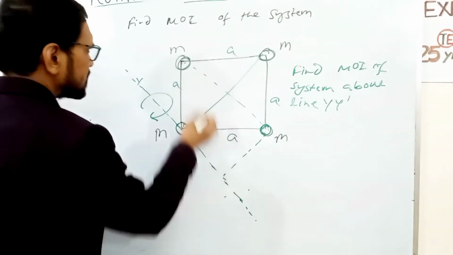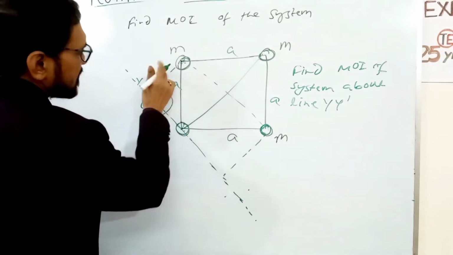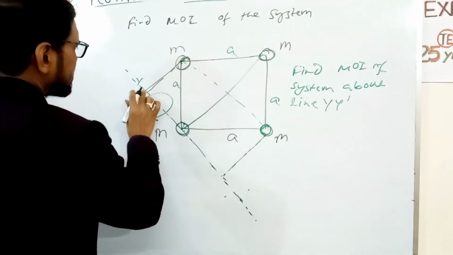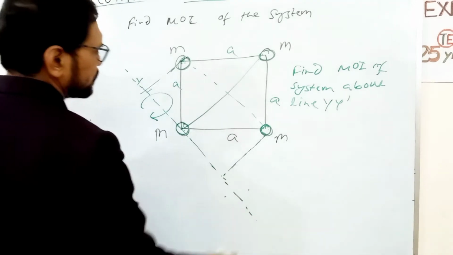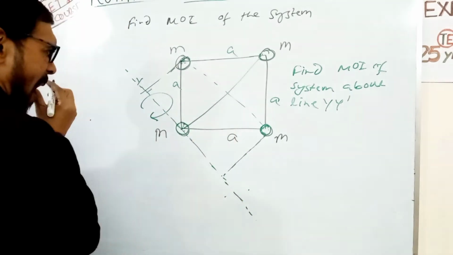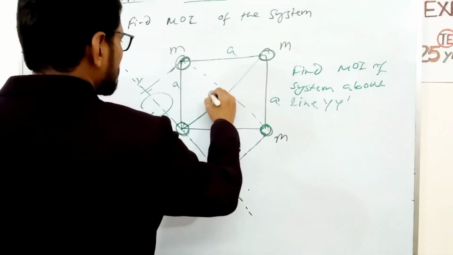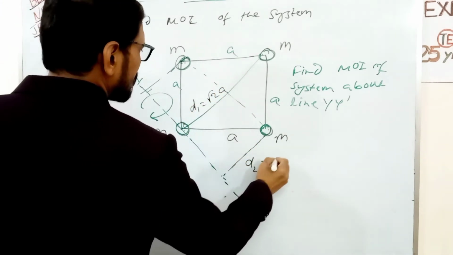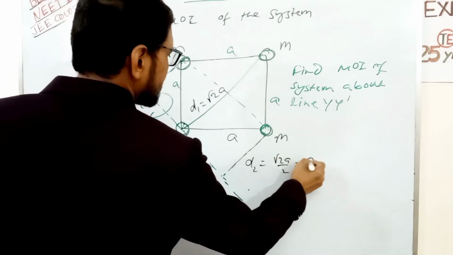This and this distance are the same. What is the distance? The distance is root 2 a, and this distance d2 is half of this, that is a by root 2.